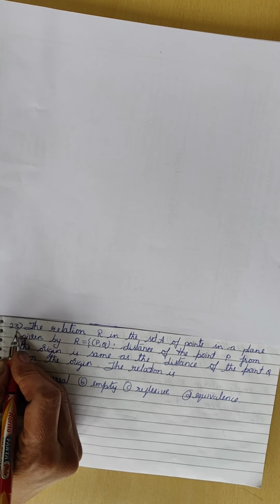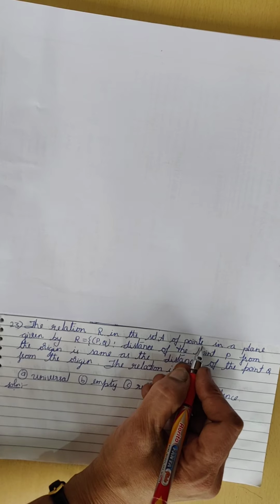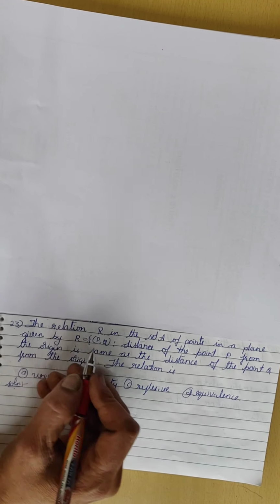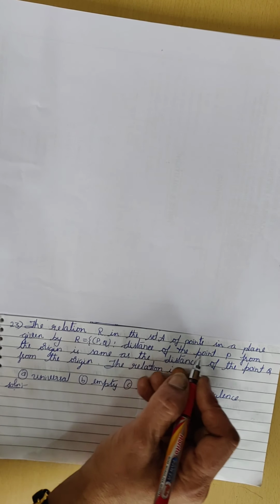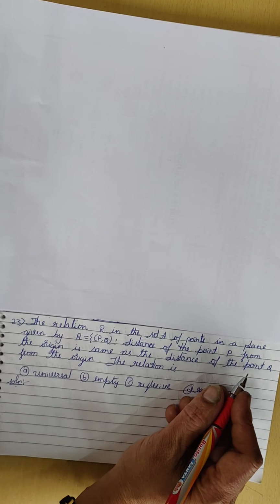23rd one. The relation R in the set A of points in a plane given by R is equal to (P, Q) such that the distance of the point P from the origin is the same as the distance of the point Q from the origin.